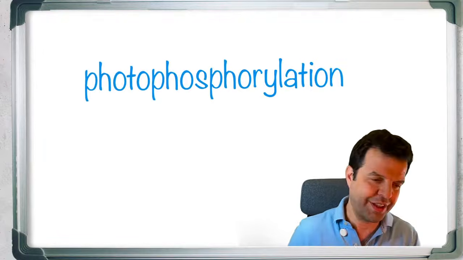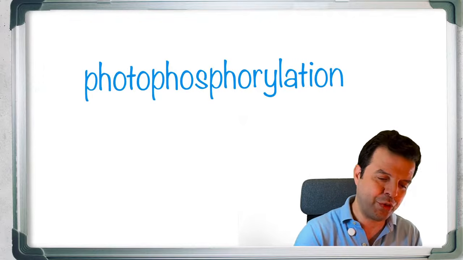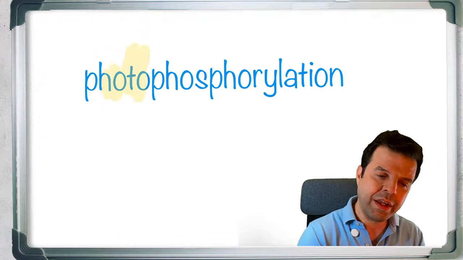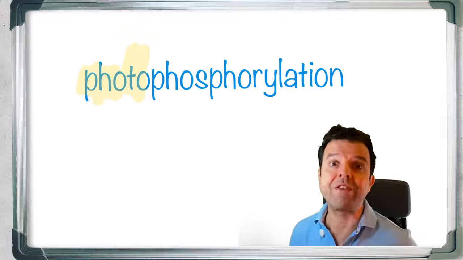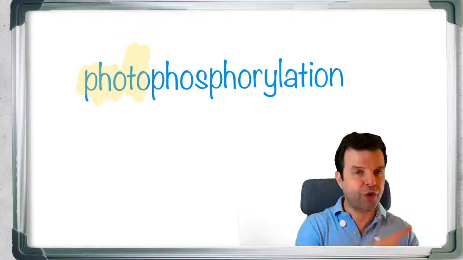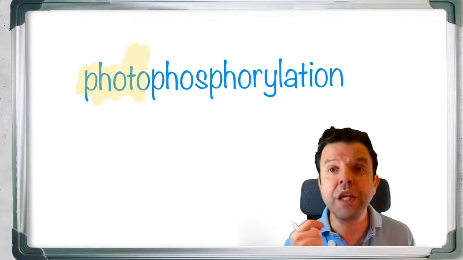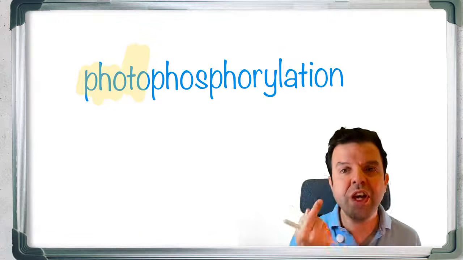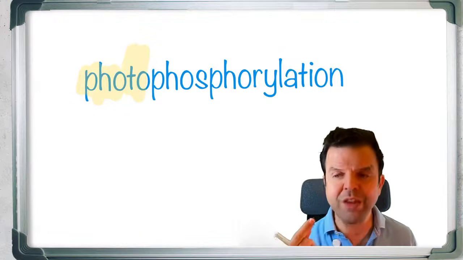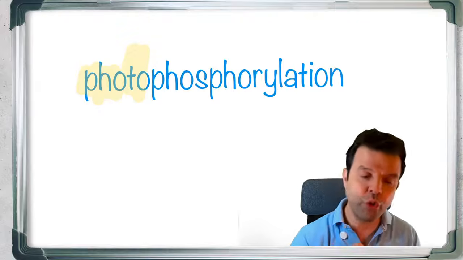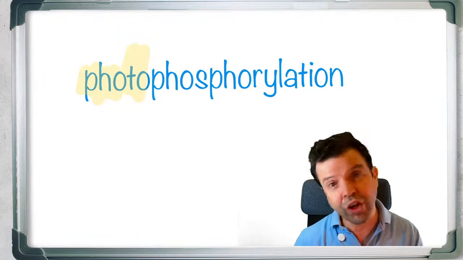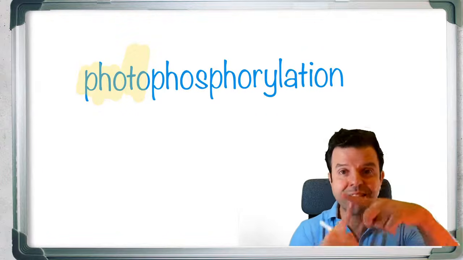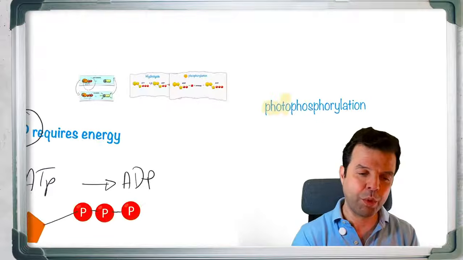What does photophosphorylation mean? Photo, you know that part. Photo is light. Phosphorylation, you attach a phosphate. So photophosphorylation is one word, meaning you use light energy to phosphorylate, to attach a phosphate to ADP, turning it into ATP. One more time.